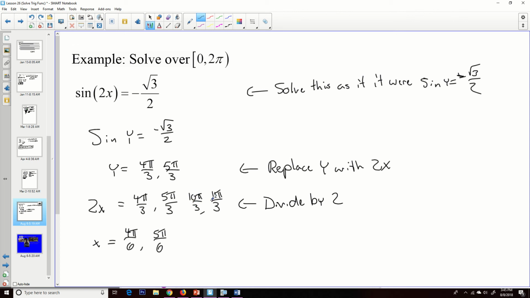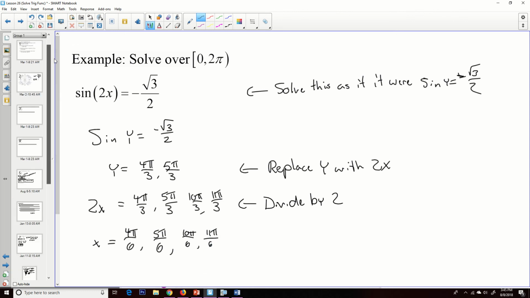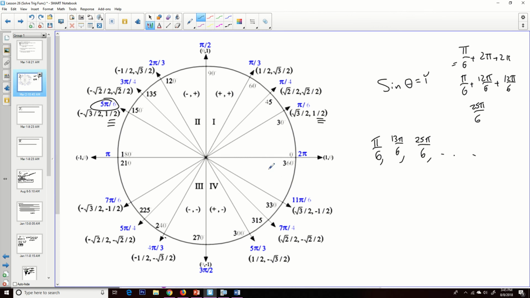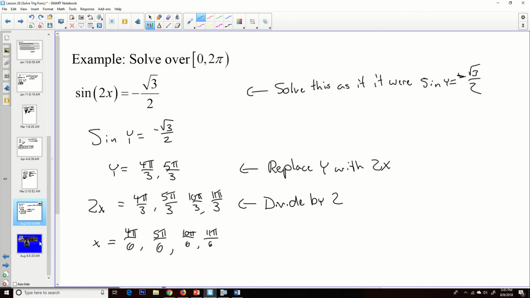Now, this is not in this interval, but when I divide by 2, I get 10 pi over 6 and 11 pi over 6. And 11 pi over 6 is a solution, and it's still in that interval 0 to 2 pi. There aren't any more because the next time I go even 1 pi over 6, I'm up to 2 pi. So we're done there.